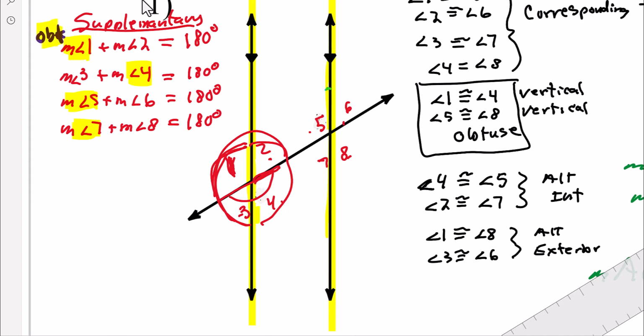And then the 2, the 6, oops, I highlighted 7 again when I meant to highlight 8. Sorry about that. Those are all the obtuse. And then 2, 6, 3, and 7 are the acute.